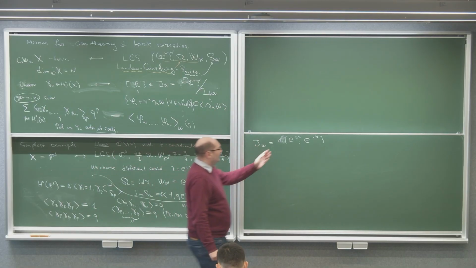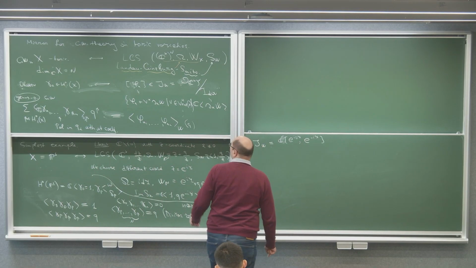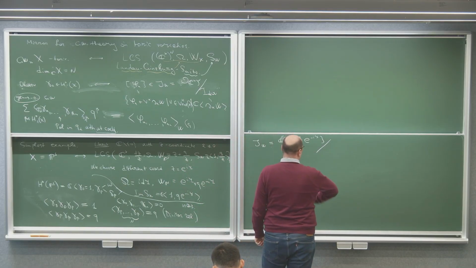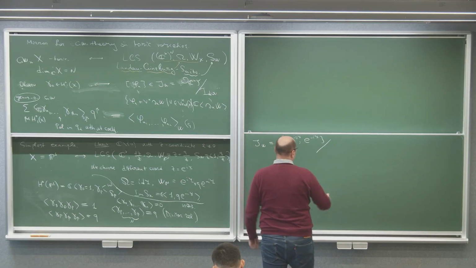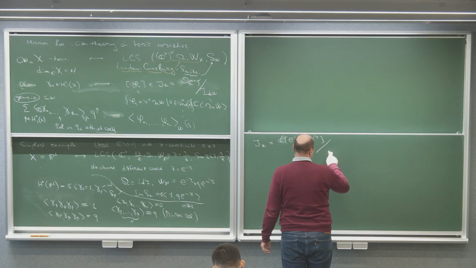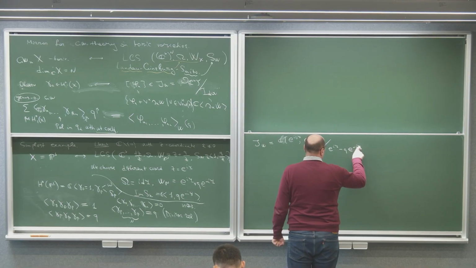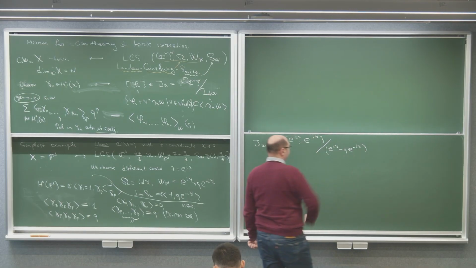Any polynomial of these variables is a holomorphic function in this y coordinate. And then we quotient by the gradient ideal, which is generated by just W prime. So we quotient by the relation e to the iy minus q e to the minus iy.